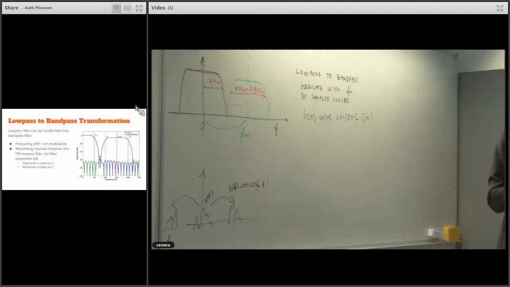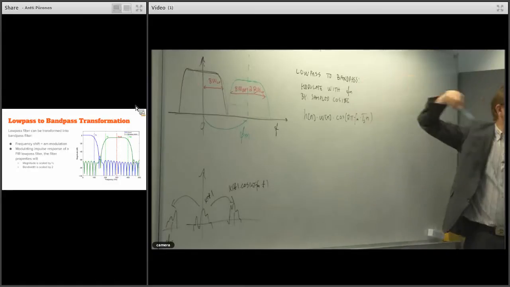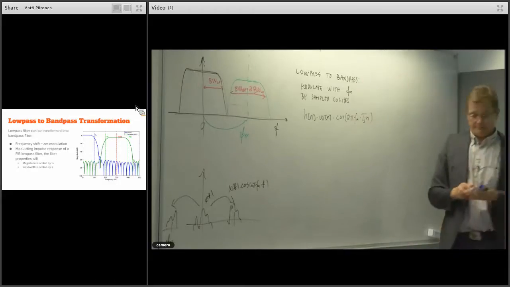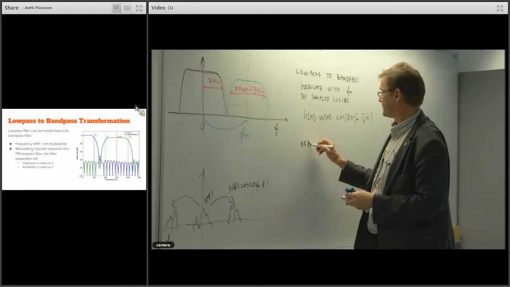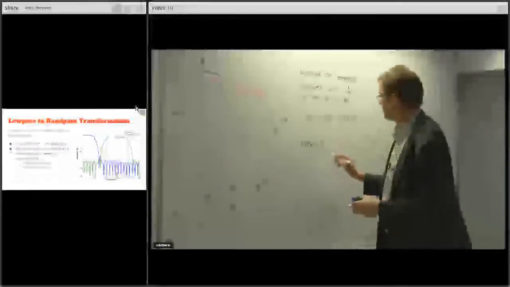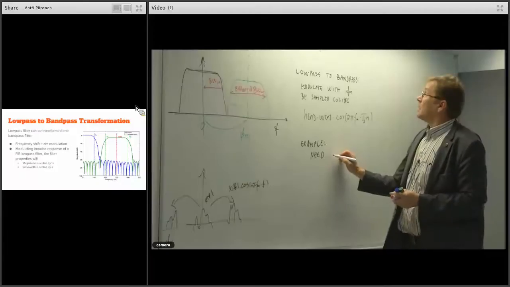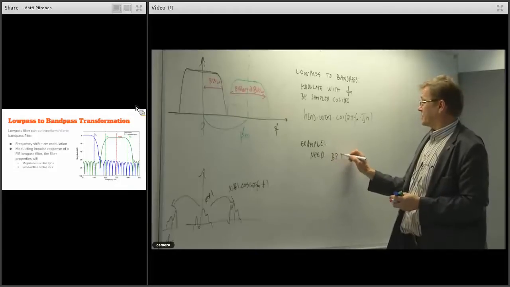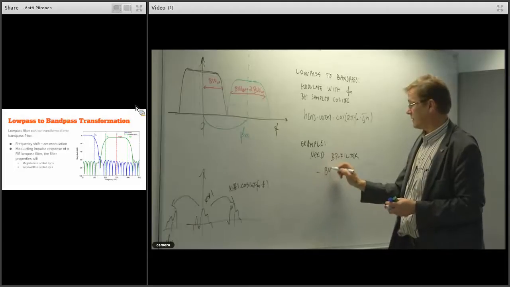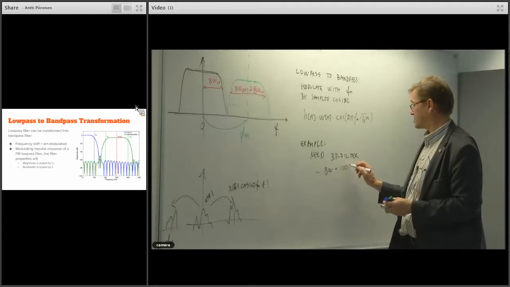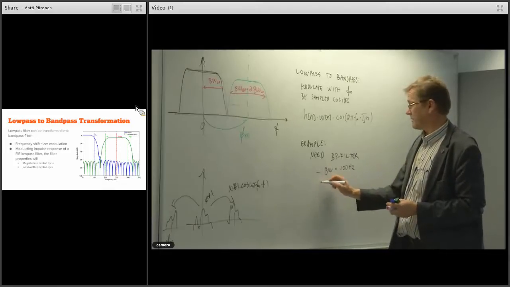Okay, but otherwise this is quite nice. Simple way of doing the bandpass filter design. Let's see, this is something I might actually write here. Example. Say we need a bandpass filter with a bandwidth of, say, 100 Hertz and some other parameters.